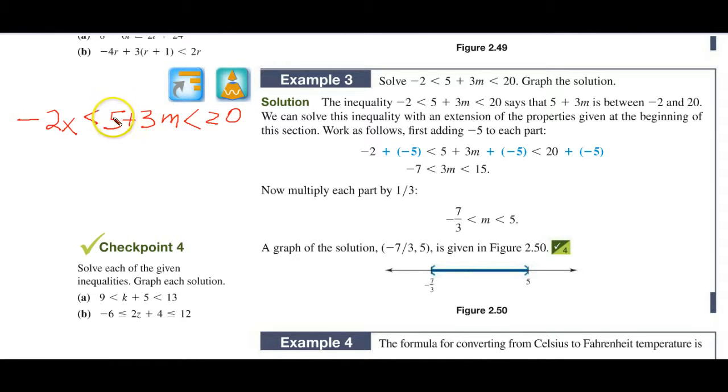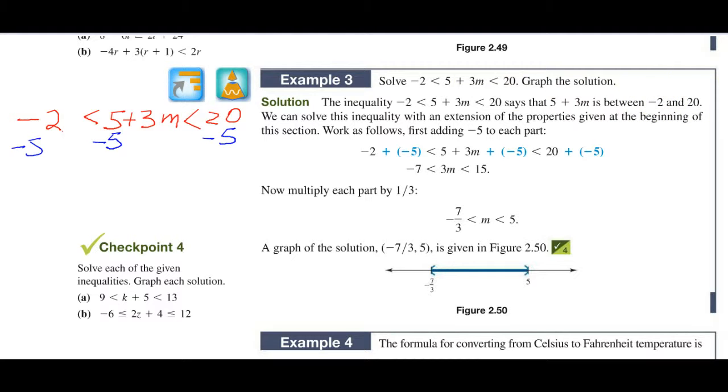So you start off by getting rid of any number that's there. So I'm going to subtract 5 here, subtract 5 there, and I would have to subtract 5 there, and we don't have an x there.